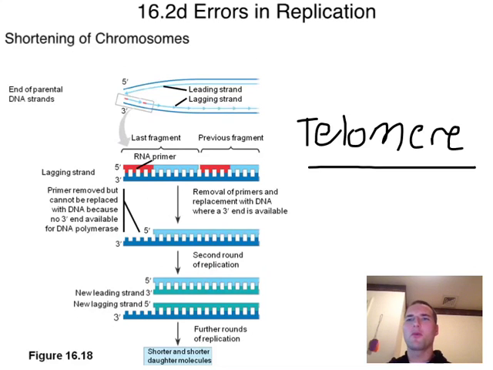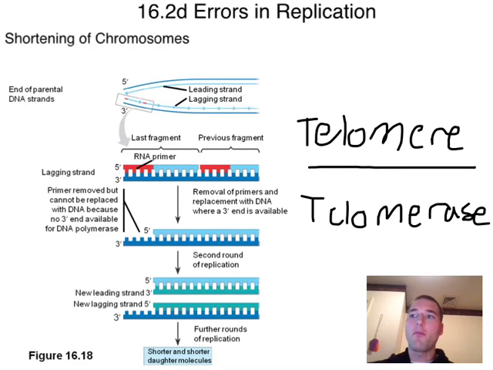So, a really, really cool thing, at least in my book, is that in these germ cells that lead to making gametes, there is something that will rebuild a telomere. It's called telomerase. Let me write this. Telomerase. Basically, what it does is it has the ability to build on to the end here.